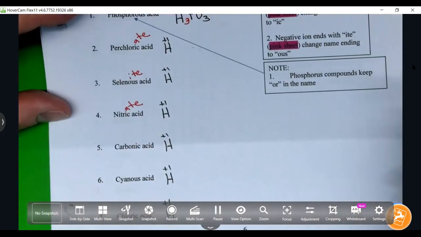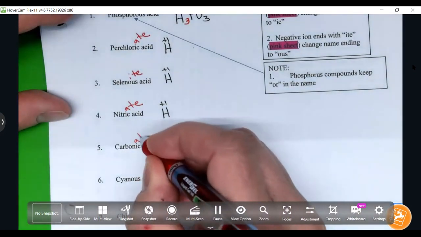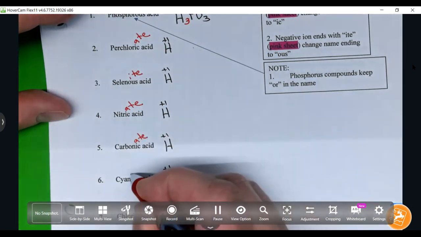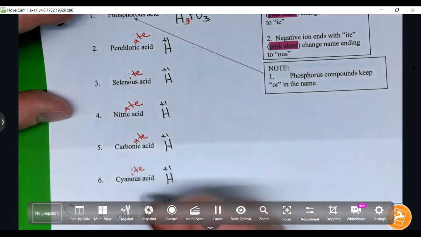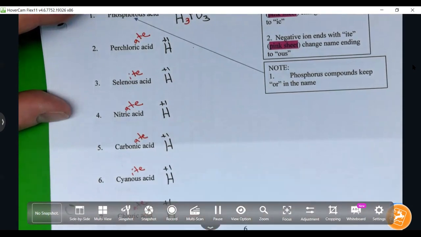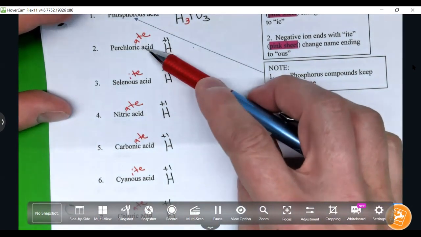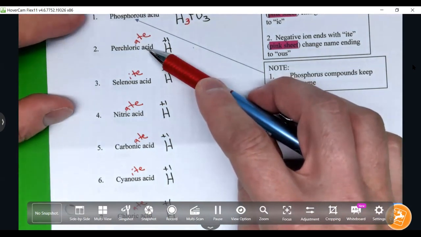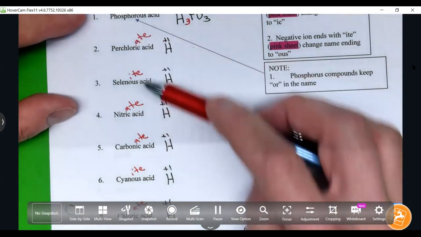Then these are pretty quick now. You're looking for carbonate, you're looking for cyanide, and you're looking for chlorate. So we can simply look up these negative ions now.